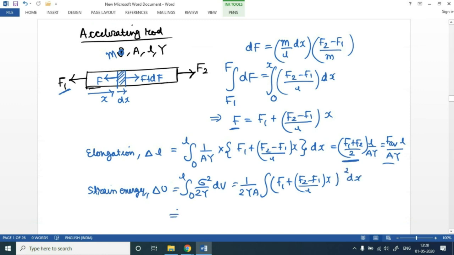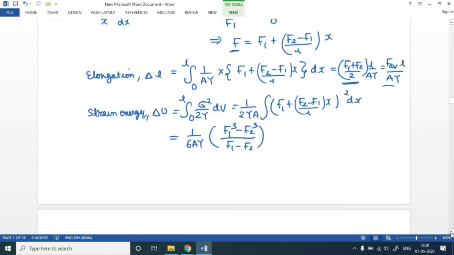Ultimately, after solving everything, you will get 1 by 6AY, and in the bracket you will have (f1 cube minus f2 cube) upon (f1 minus f2). So this is the case of the accelerating rod.